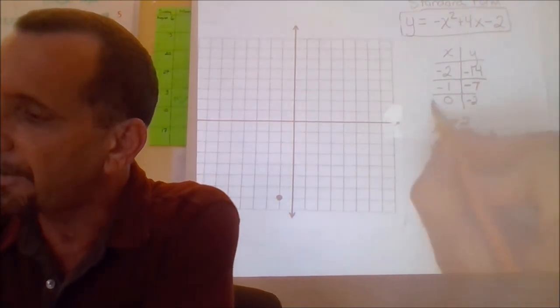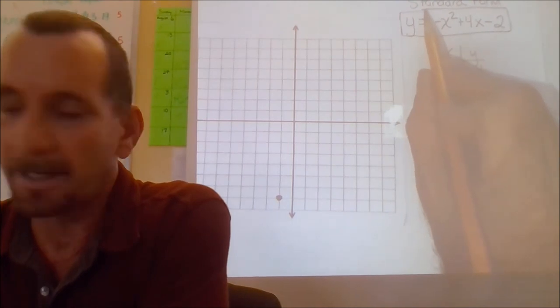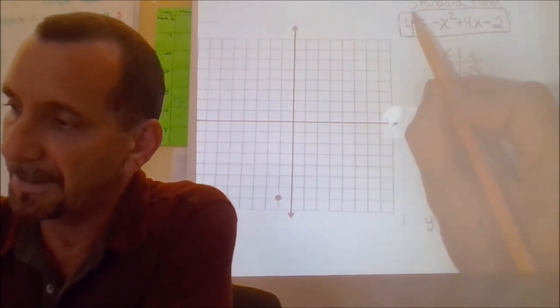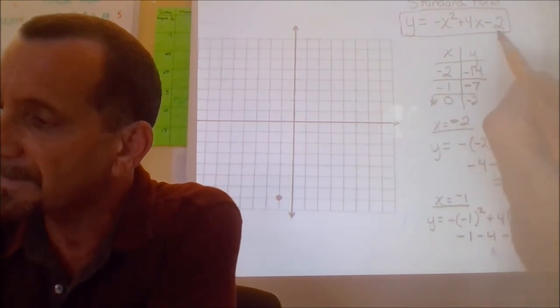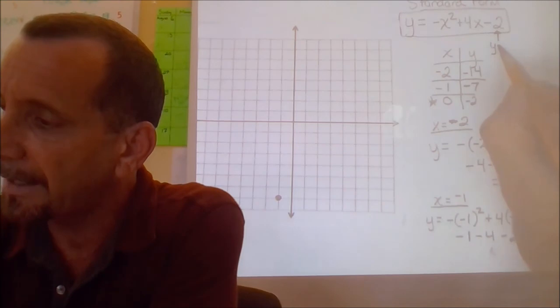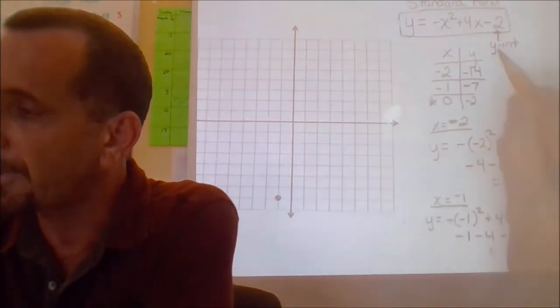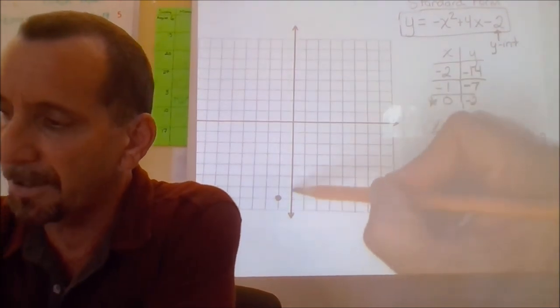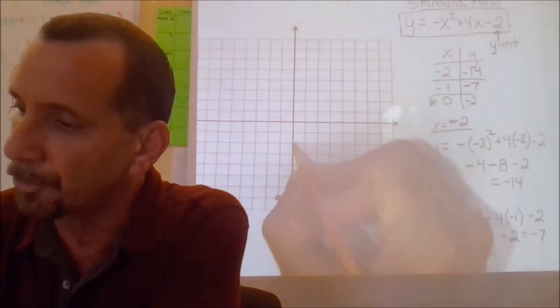And that's a very important value. When a parabola or a quadratic function is in standard form, we can look at this constant and we can say that that is the y-intercept. That's a key point for us. We know that the parabola is going to cross the y-axis at negative 2.